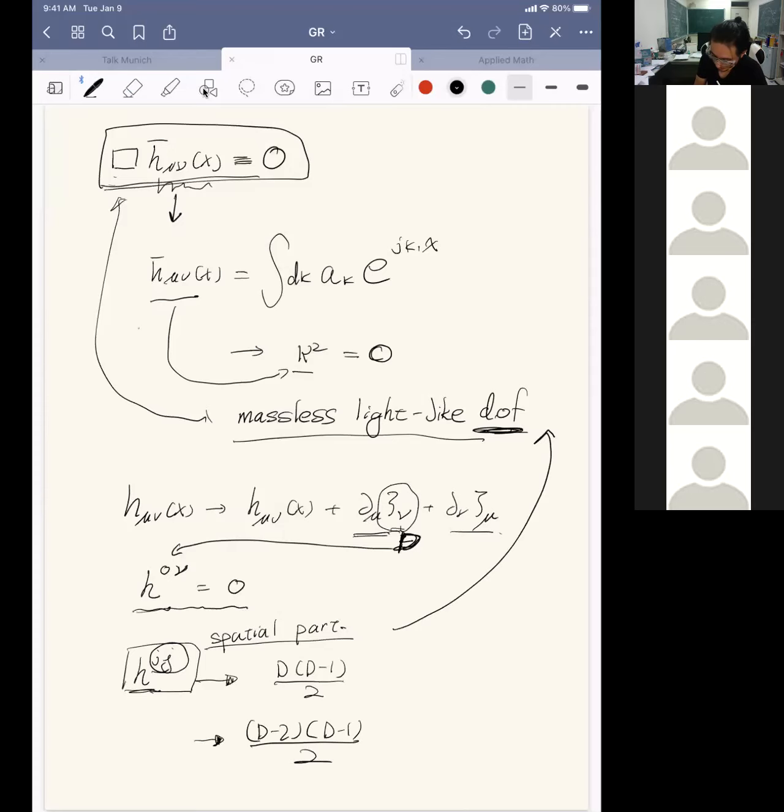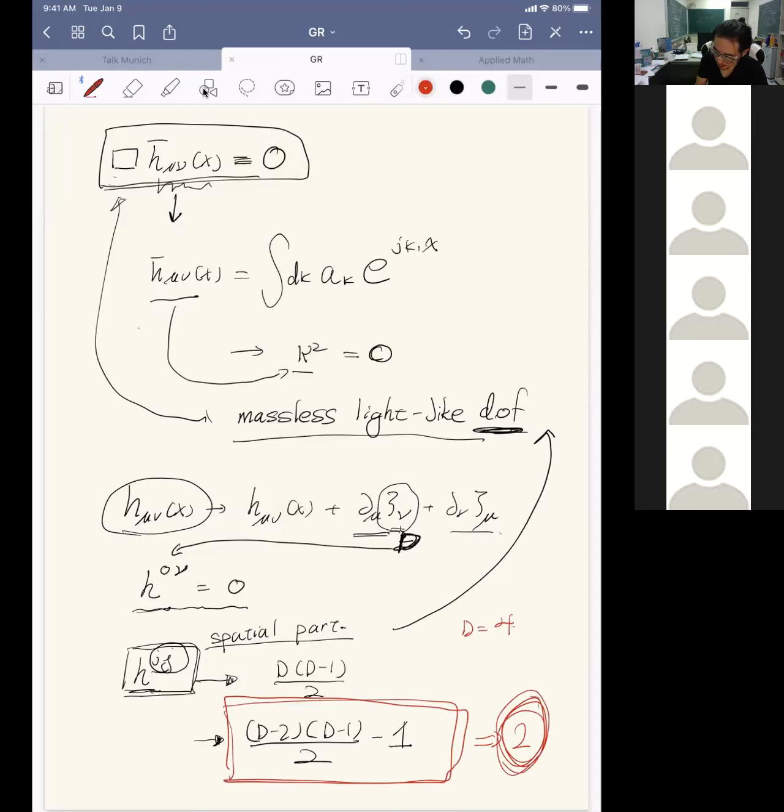Furthermore, you know originally that you're supposed to impose a traceless condition, so you need to subtract 1 degree of freedom. This is the total number of degrees of freedom you have with h mu nu. If we plug in d equals 4, this gives you 2 degrees of freedom.